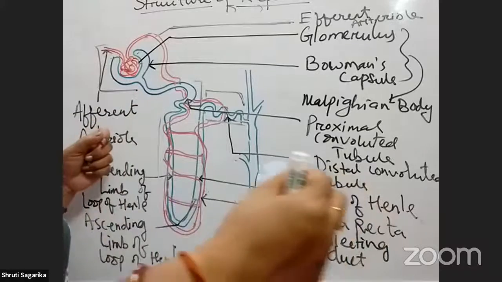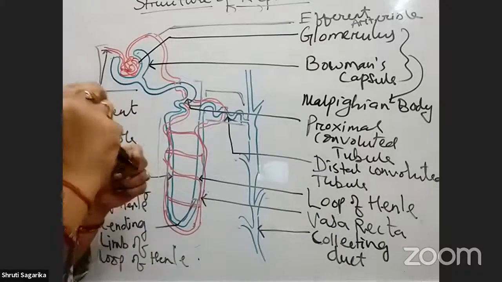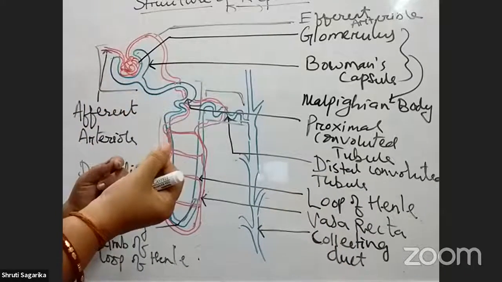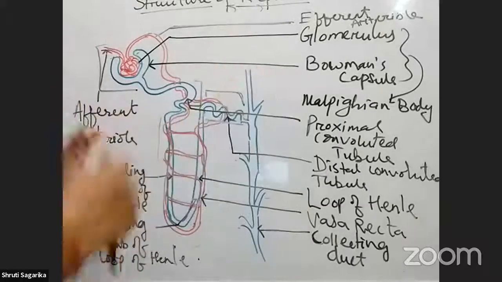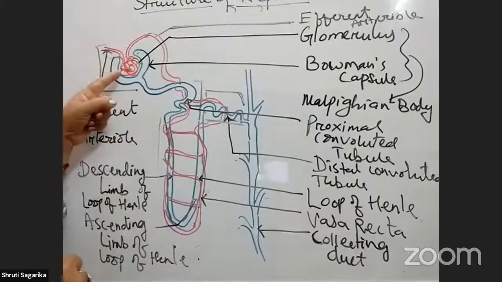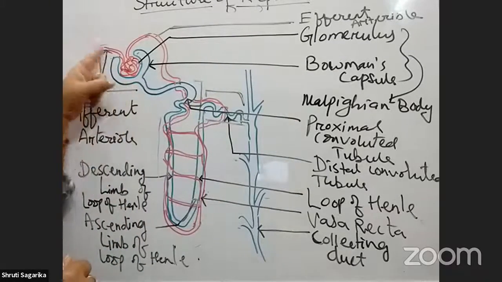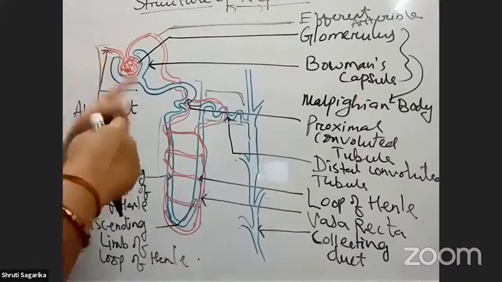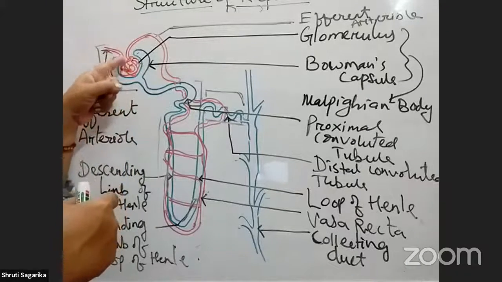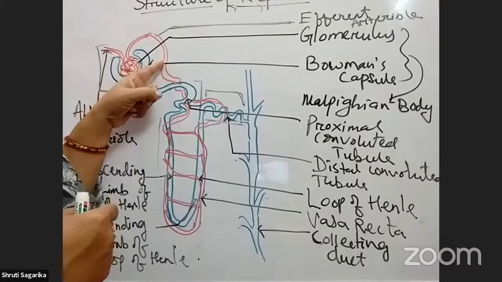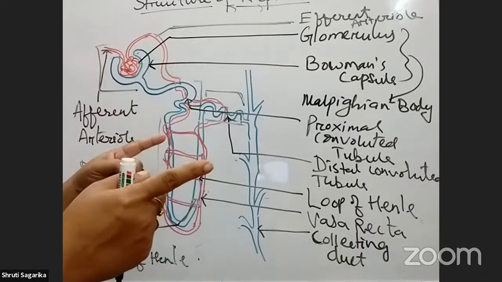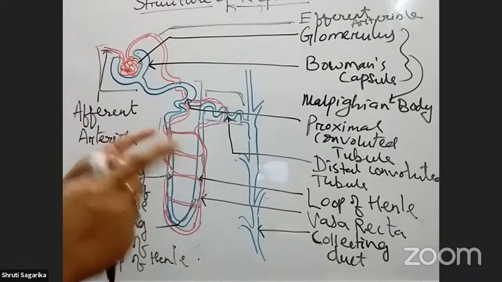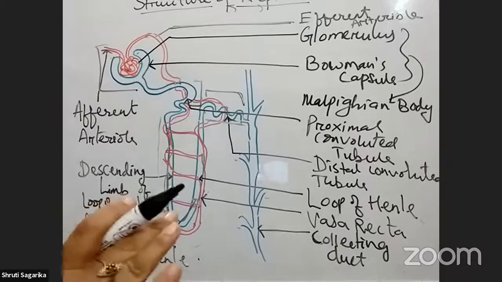Suppose you're holding a big length of thread. In the middle, you make a ball of thread, and both sides are straight. This structure is just like that. It is straight coming towards the nephron. Inside the Bowman's capsule, it is coiled. Again, when the blood vessel goes out, it is straightened as the efferent arteriole. Are you able to understand what I'm telling?